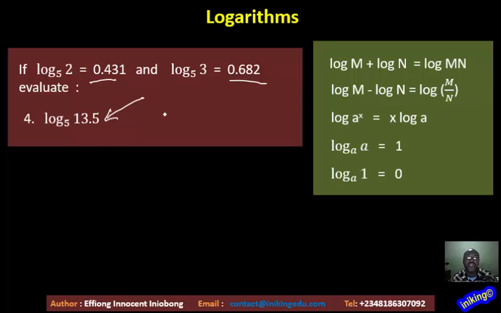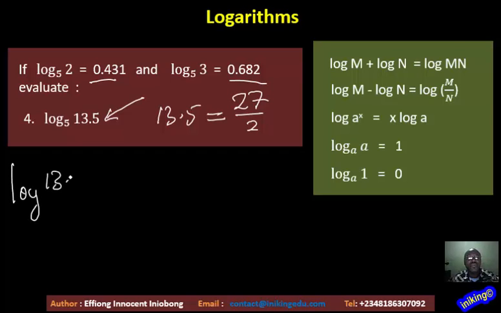The first thing I can see here is that my 13.5 is 13 and a half, which can be written as 27 divided by 2. So I quickly state that out, that log of 13.5 to base 5 is equal to the log of 27 over 2 base 5.